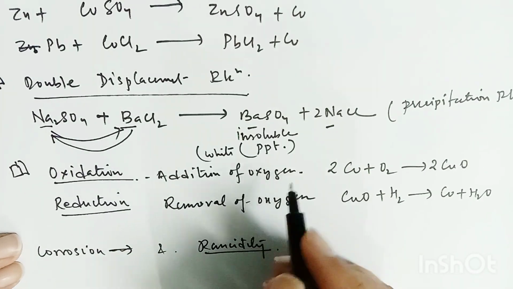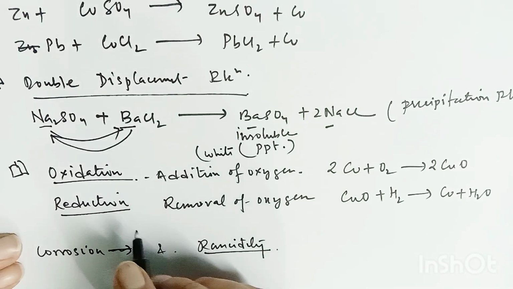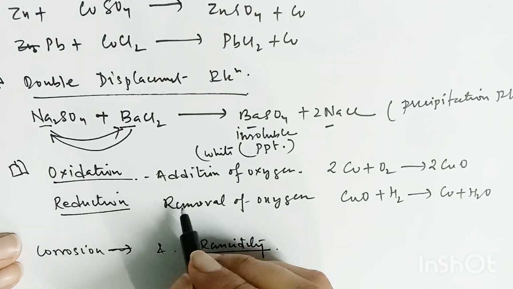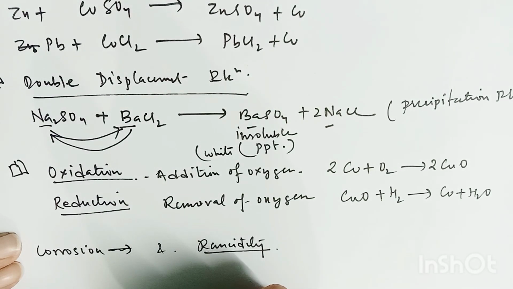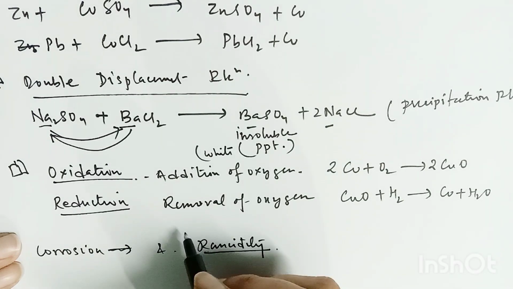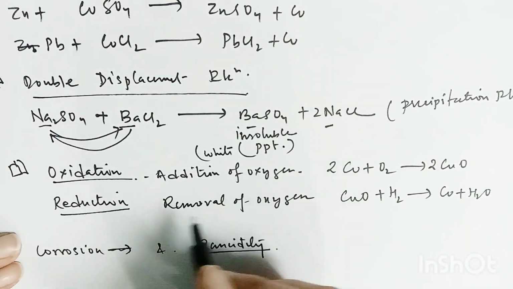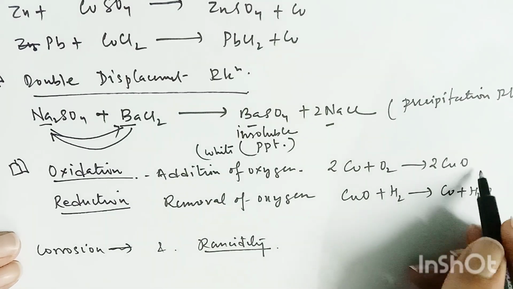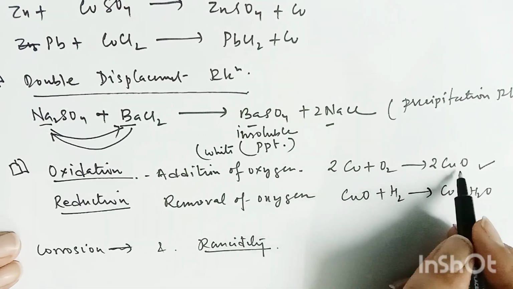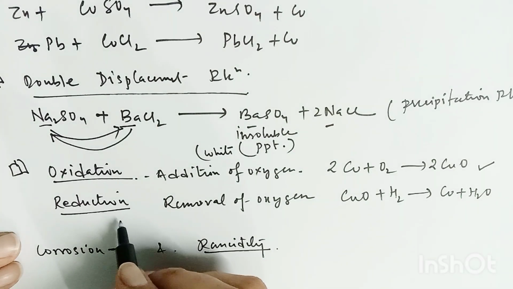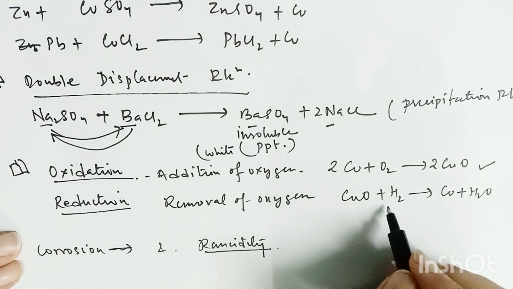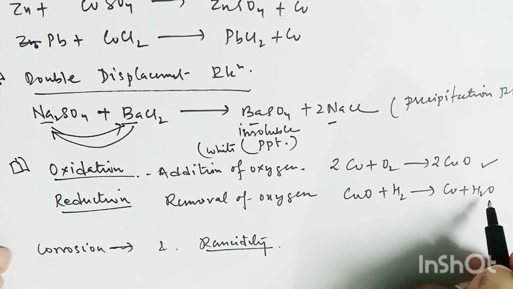In higher classes you will learn many other concepts, like oxidation is loss of electrons and reduction is gain of electrons, but for now you can learn this only. Addition of oxygen is oxidation. Example is this reaction, copper plus O2 gives CuO, and reduction is removal of oxygen, copper oxide plus H2 gives Cu plus H2O.